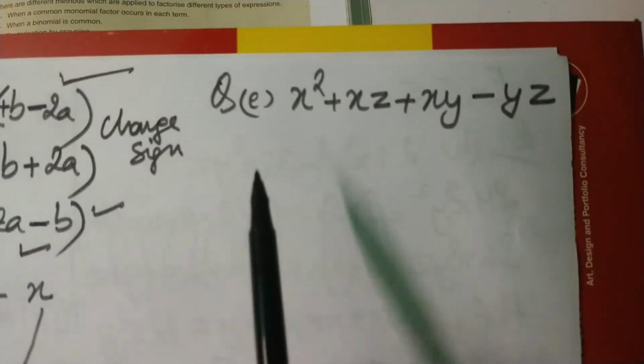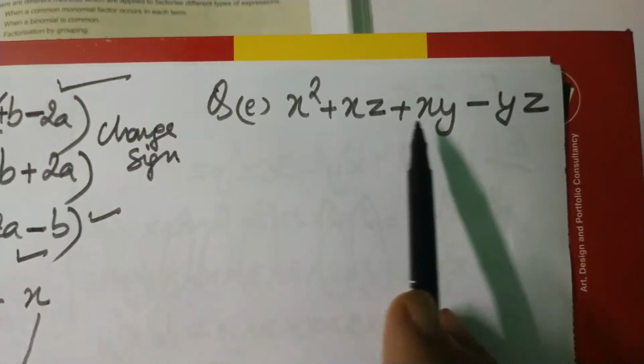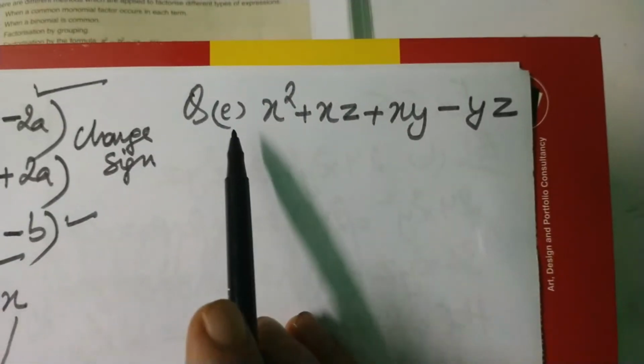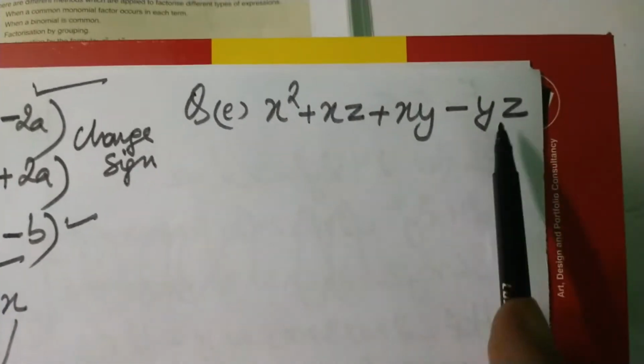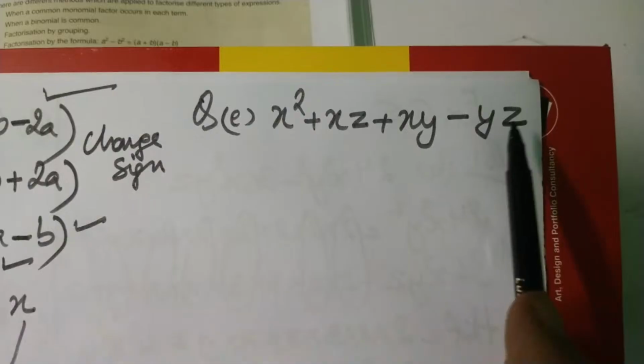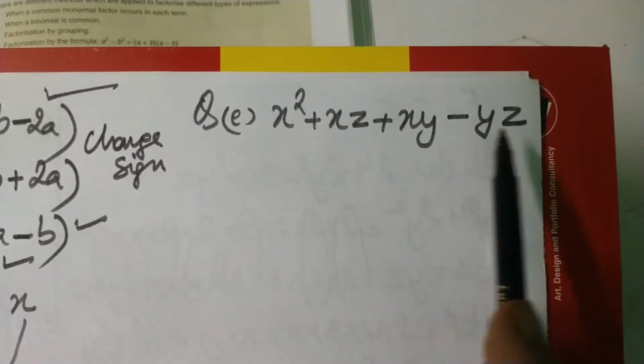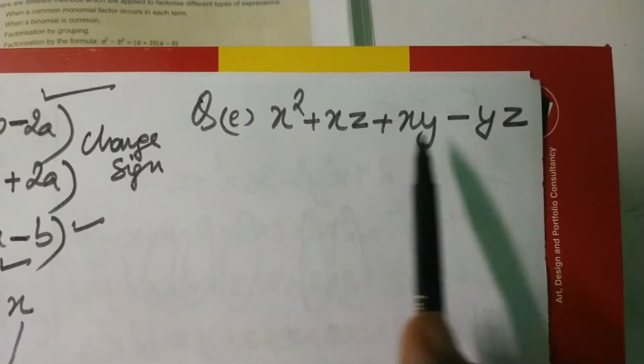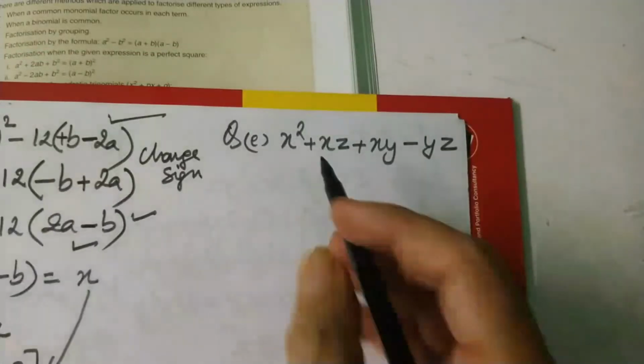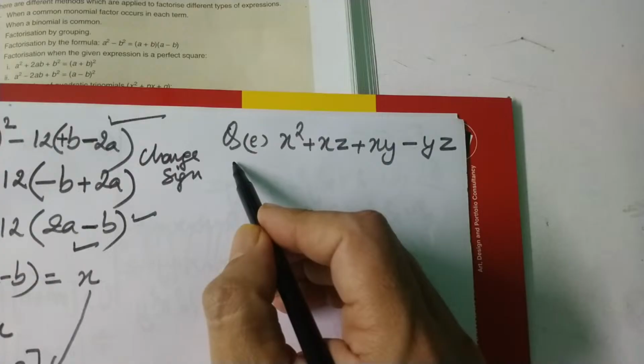Now see the question. In this, all terms are different: x square, xz, xy, yz. Neither x is common in all, nor y, nor z. So nothing is common. So this is done by solving in groups.